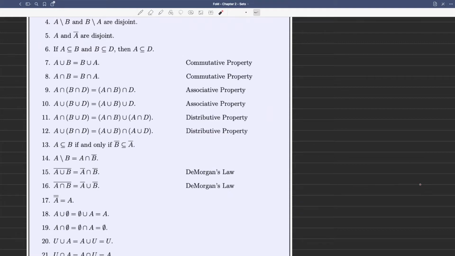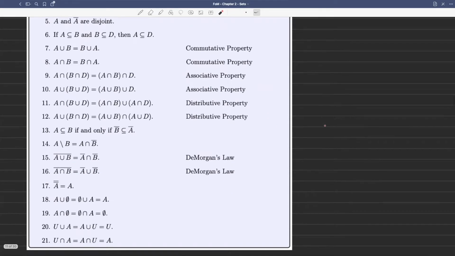In fact, a lot of these properties for sets we inherit from corresponding properties of logic, because all of the membership conditions for sets are based on logical connectives, ands and ors and nots, negating things when you're doing complements.